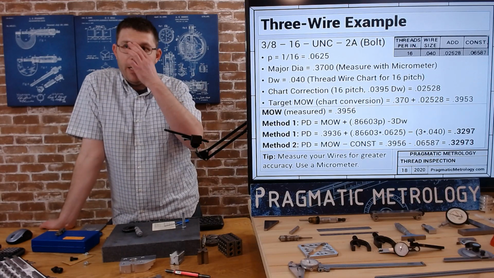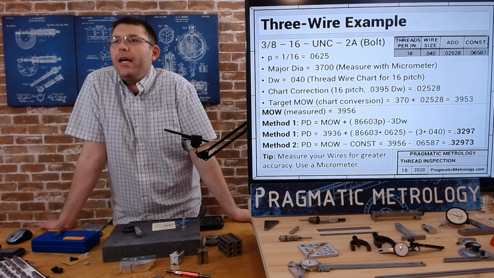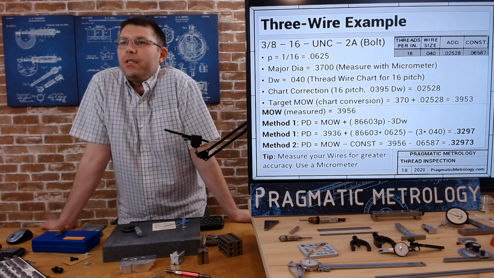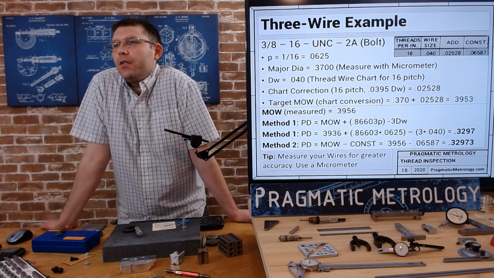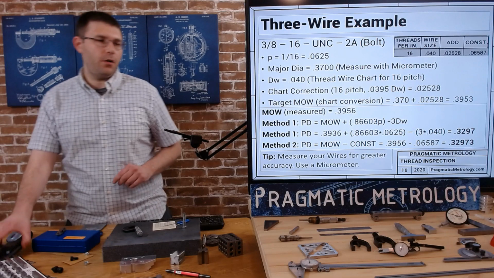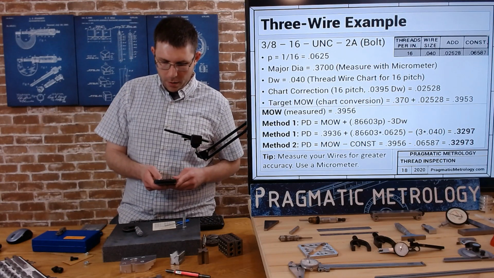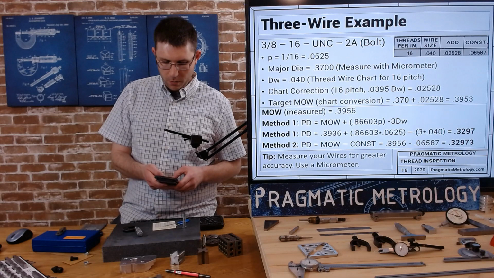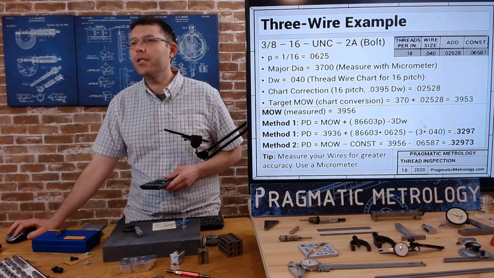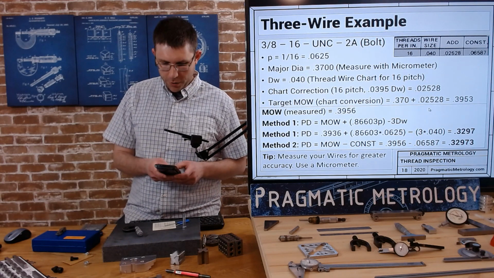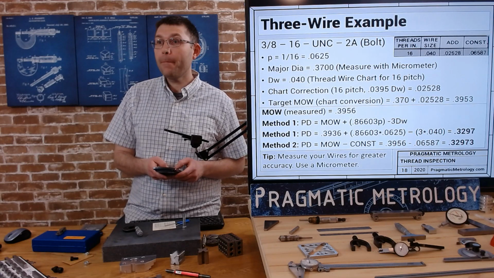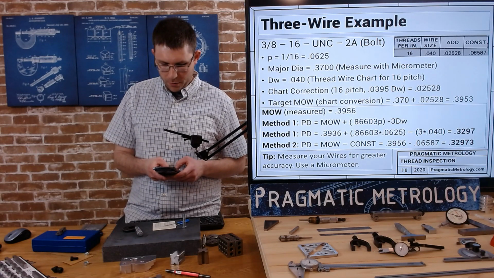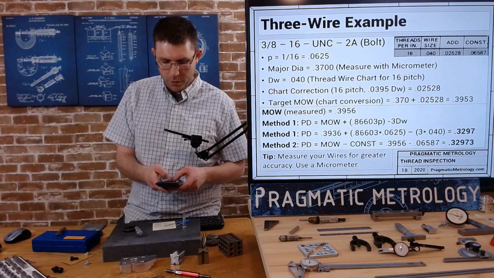Now we have a couple methods. We can do the pitch diameter formula, plug all that in. In this example, we plugged in 0.3936 as a measurement over wires, and we ended up with a pitch diameter of 0.3297. So if I do that with our measured pitch diameter, I am going to do the calculation right here, this line: 0.86603 times 0.0625 minus 3 times 0.040.